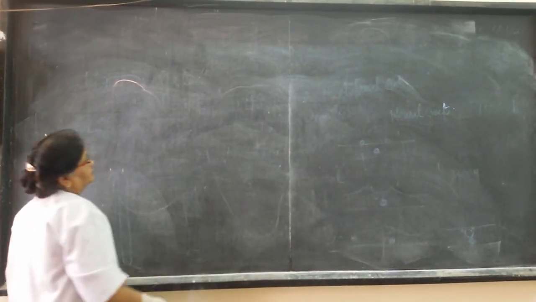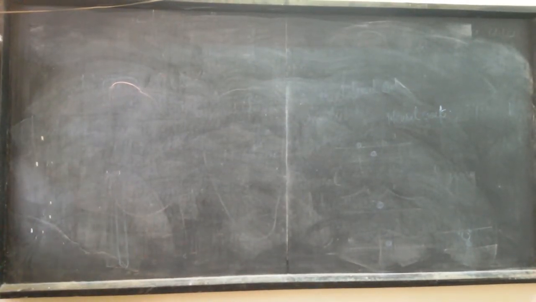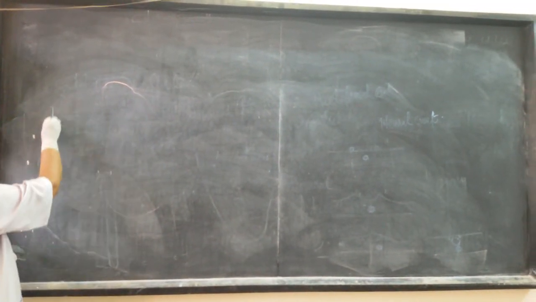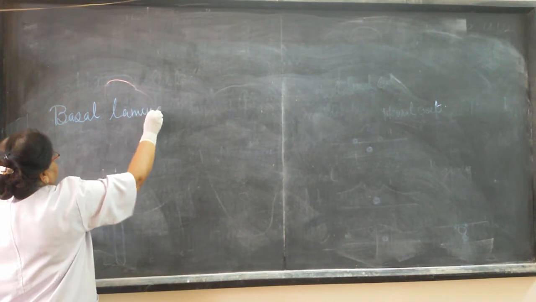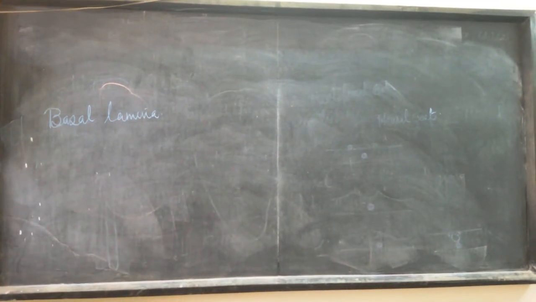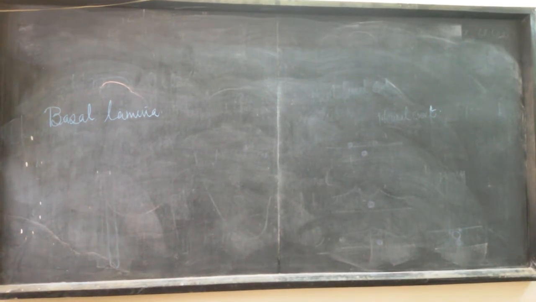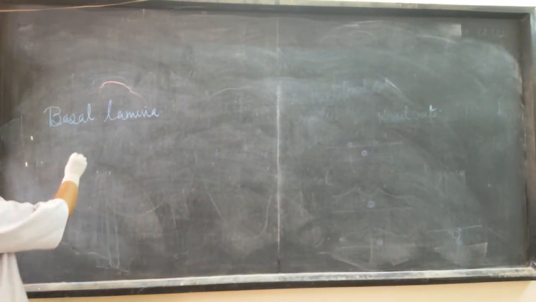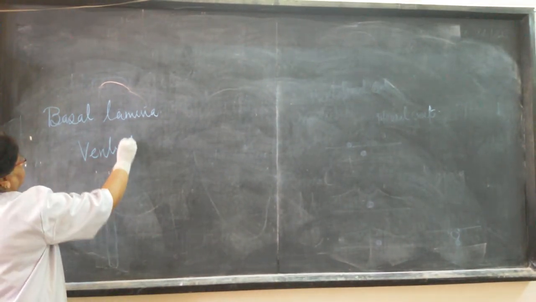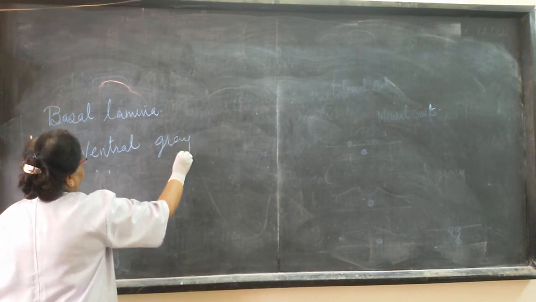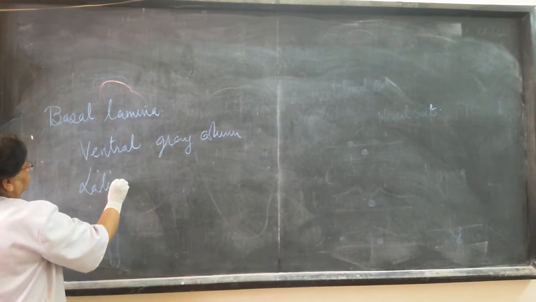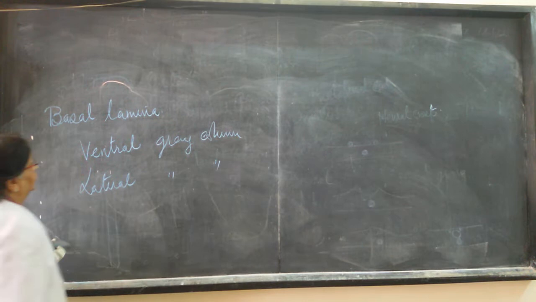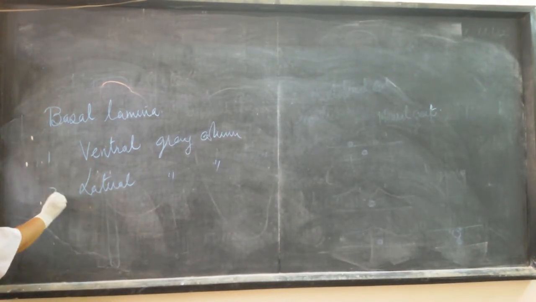Now coming to the grey matter portion. The basal lamina differentiates into two functional columns: ventral grey column and lateral grey column.